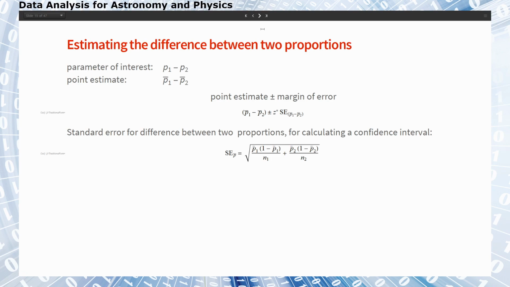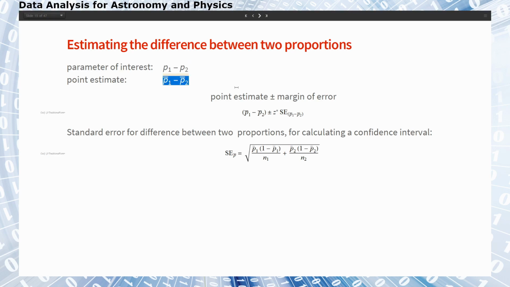When we want to estimate the difference between two proportions, then we have to extend our framework similarly to what we did in the previous lecture. Now, the parameter of interest is the difference between two population proportions.